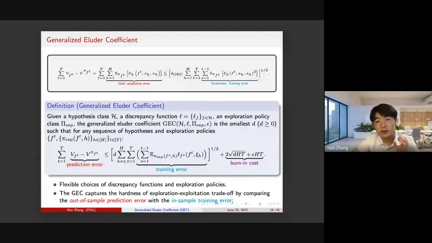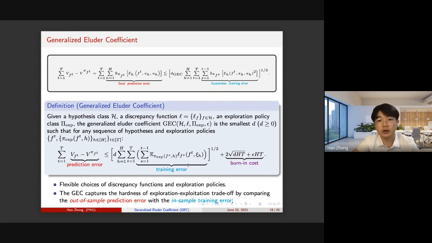In the simplified case, the exploration policy is simply the greedy policy Pi_f, and the discrepancy function is the Bellman residual square. I will give more examples of the choices of exploration policies and discrepancy functions in the following slides. The flexible choices of discrepancy functions and exploration policies are pretty important for us to capture more RL problems. Intuitively, the GEC captures the hardness of the exploration-exploitation trade-off by comparing the out-of-sample prediction error with the in-sample training error.